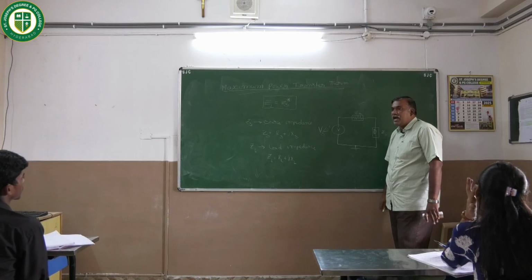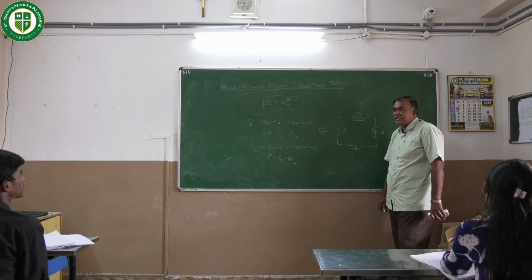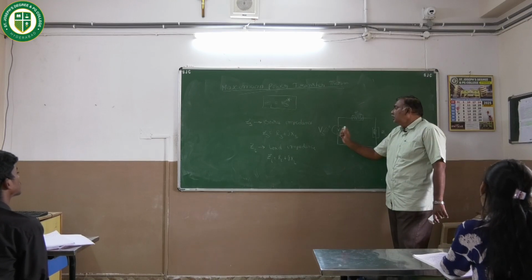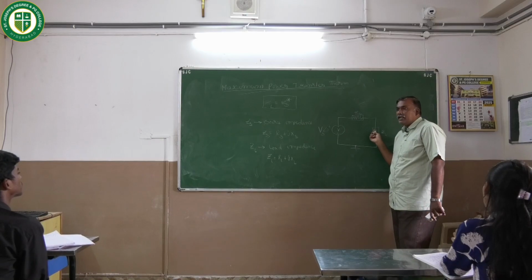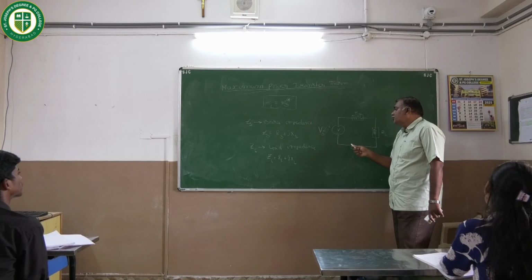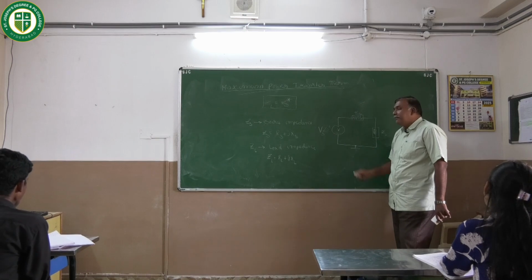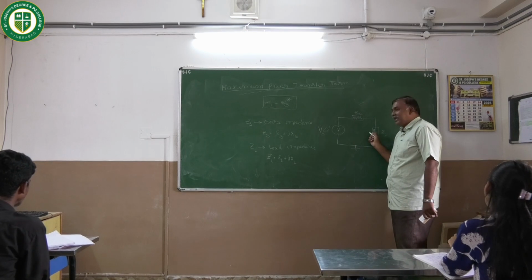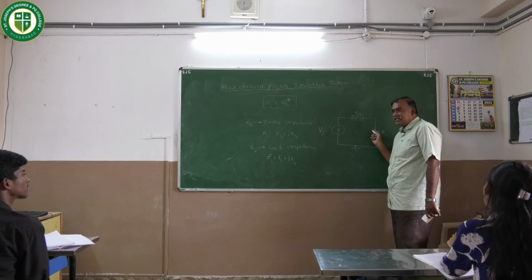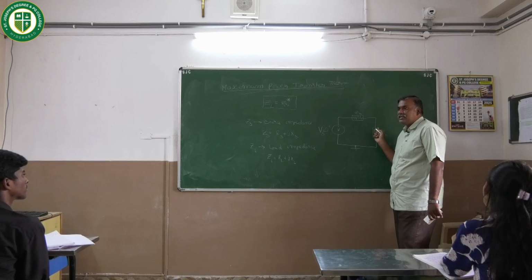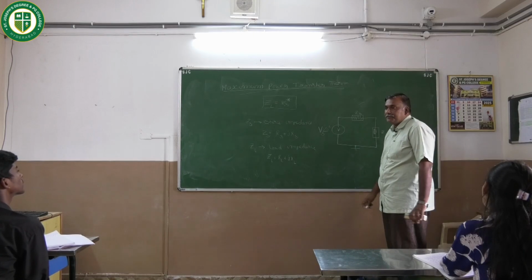Zs is simply equivalent to Rs plus jXs. And the load that you are connecting has a load impedance ZL, with a resistance RL and a reactance called XL.